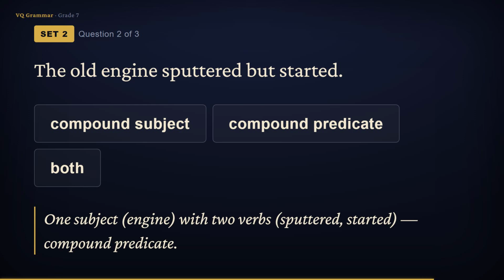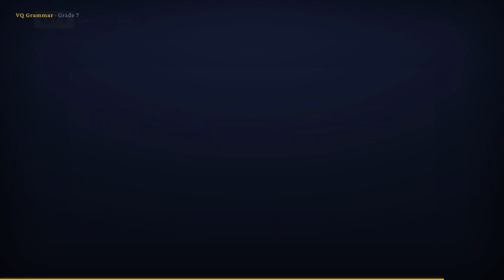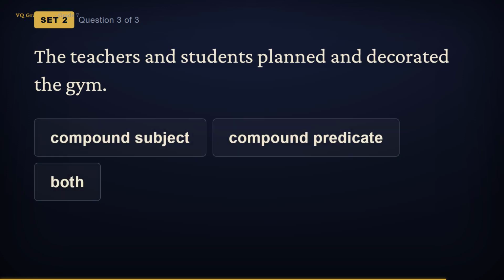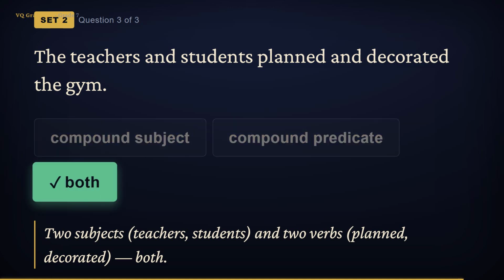Sputtered and started, that's 2, joined by but. 1 subject, 2 verbs. So the answer is compound predicate. The teachers and students planned and decorated the gym. Count the subjects. Teachers and students, that's 2. Count the verbs. Planned and decorated, that's 2. 2 of each. So the answer is both.